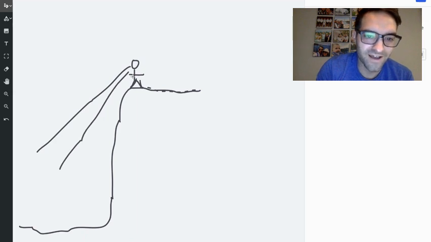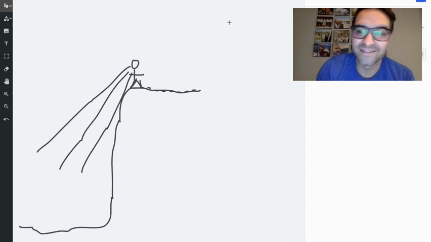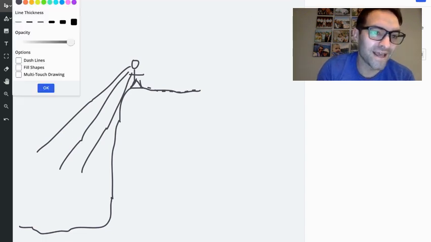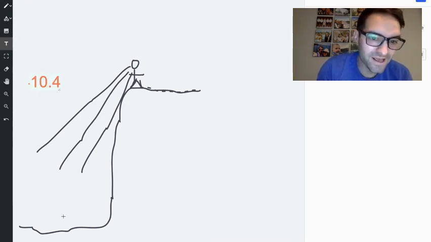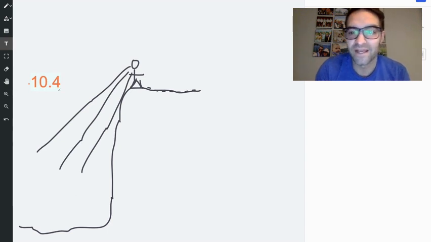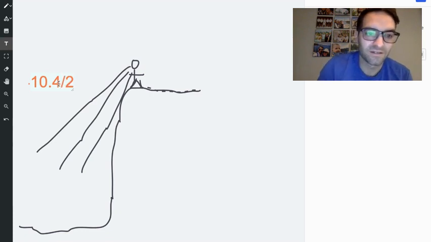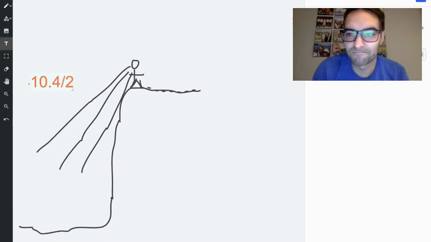Those are sound waves, yelling down. And the timing for it to get there and back, again, it says 10.4 to get down and back to the ear at 340 meters per second. So you really want to make sure when you're thinking about the timing that you divide that in half.